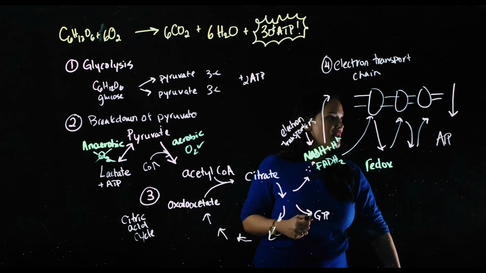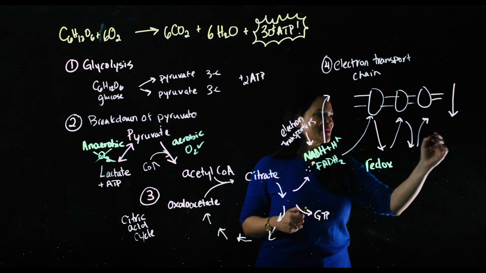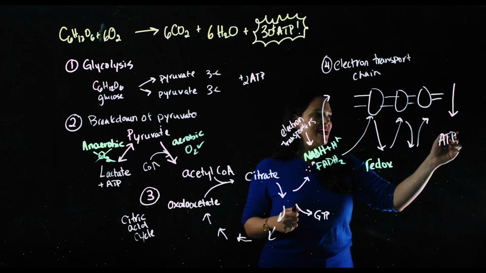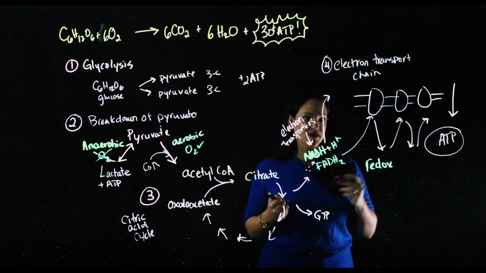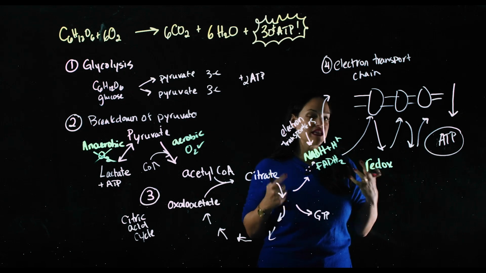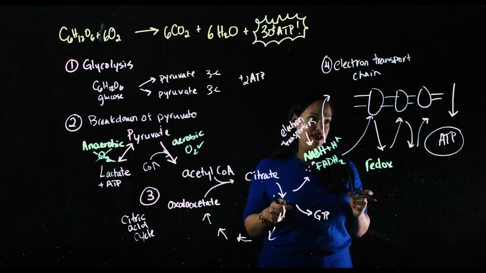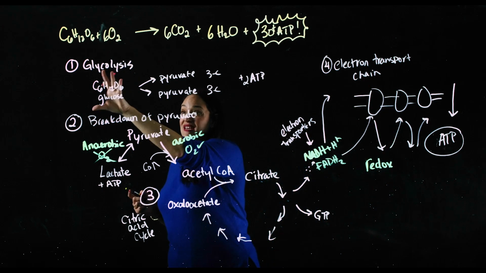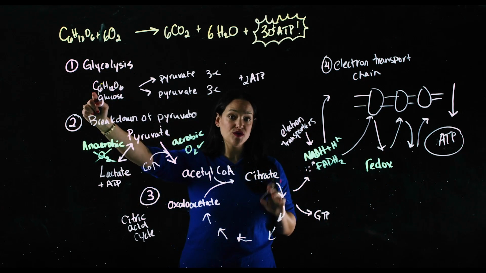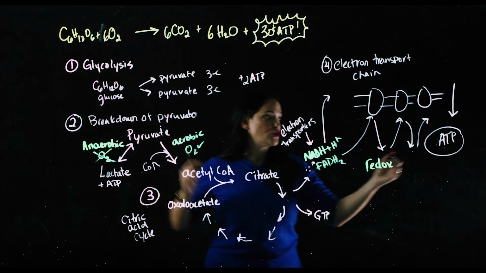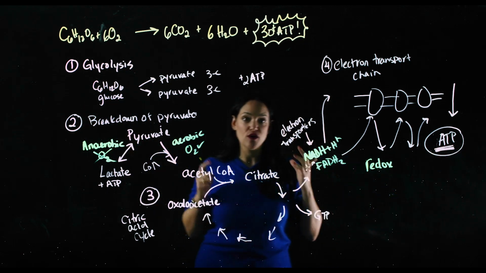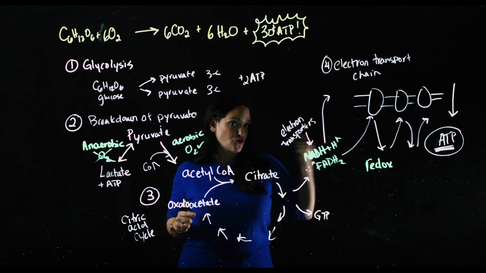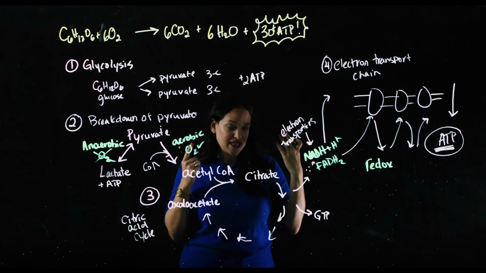It's a little more complex than that, but just for simplicity's sake, this whole bouncing around of electrons allows for the activation of something called ATP synthase, which eventually is going to help me synthesize ATP from its precursor.